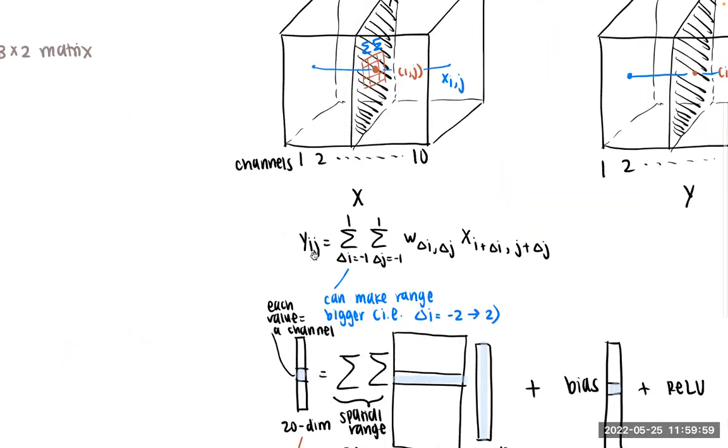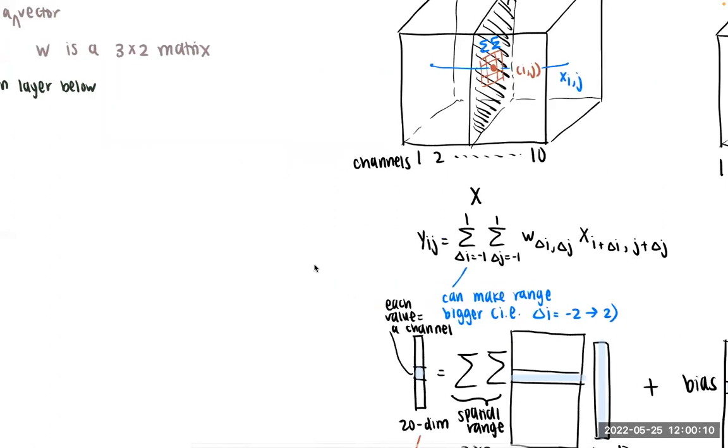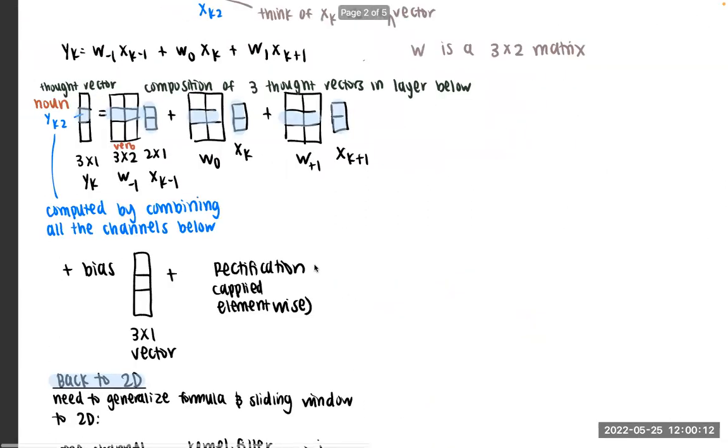Okay, so that is Yij equals the summation where delta I is from -1 to 1 and delta J is from -1 to 1. This gives us this 3 by 3 kernel.